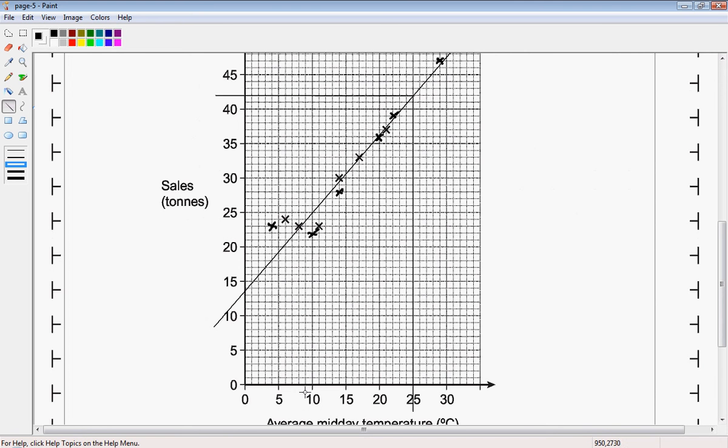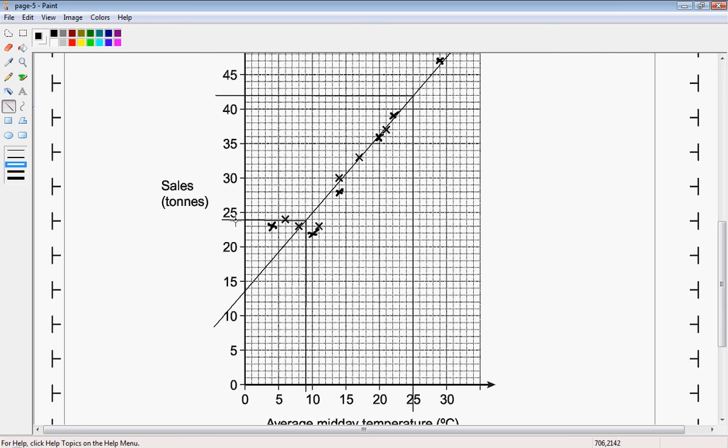Now if we go to 9 degrees, which is here, okay, and I go up to my line of best fit, it hits the line around about there and comes off around about here. So we can see about 24 tons.